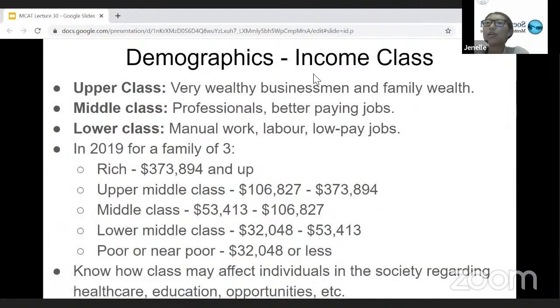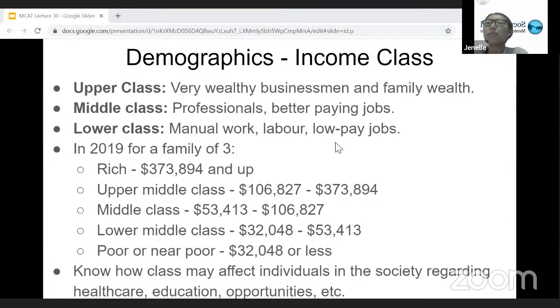And then the other area that people can also be stratified by is income classes. So income class is separated by the upper class, which is very wealthy businessmen and family wealth; middle class, which are professionals that tend to have better paying jobs but are not quite up to that upper class level; and then lower class, which perform manual work, labor, and tend to be in low paying jobs.